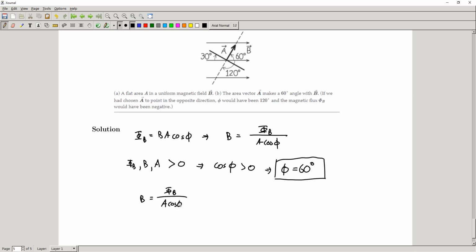B equals the flux over A cos phi, and so this is just going to end up being 0.9 times 10 to the minus 3 Webers over 3 times 10 to the minus 4 meters squared times cos 60 degrees. And if you do that calculation, you're going to end up finding 6 Teslas. Okay, so we have a magnetic field with a magnitude of 6 Teslas, which is a pretty significant magnetic field.